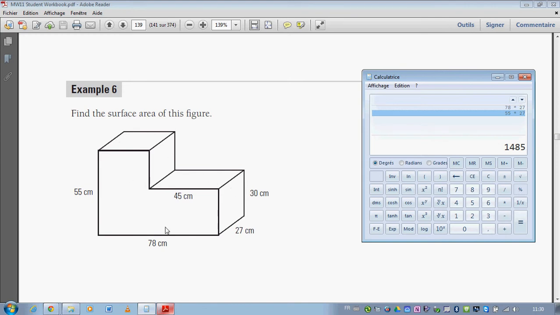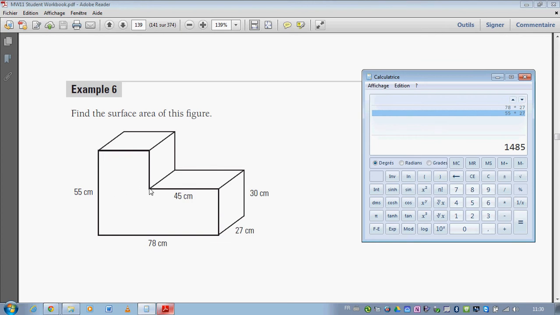Now we've got to figure out the area of the front side, the back side, the left side, and the bottom. Looking at the front side, it's 55 centimeters, and then this height right here is 30 centimeters. I'm going to break this down by making a line right here, so I've got one rectangle here and one rectangle here.